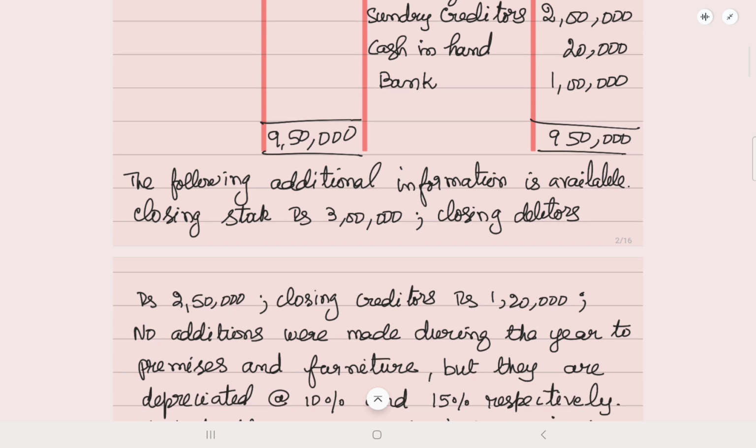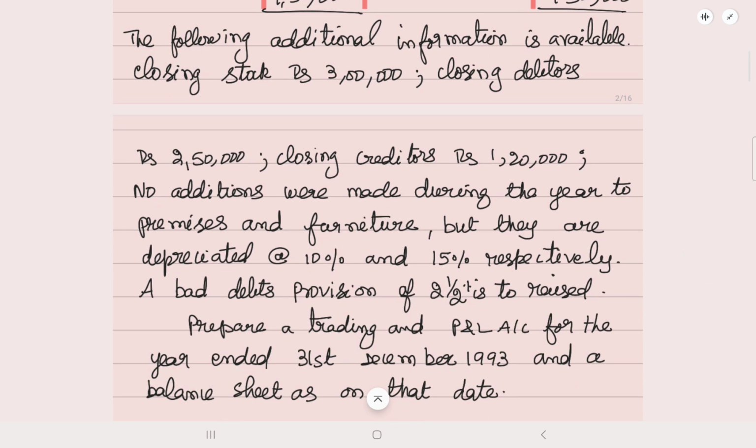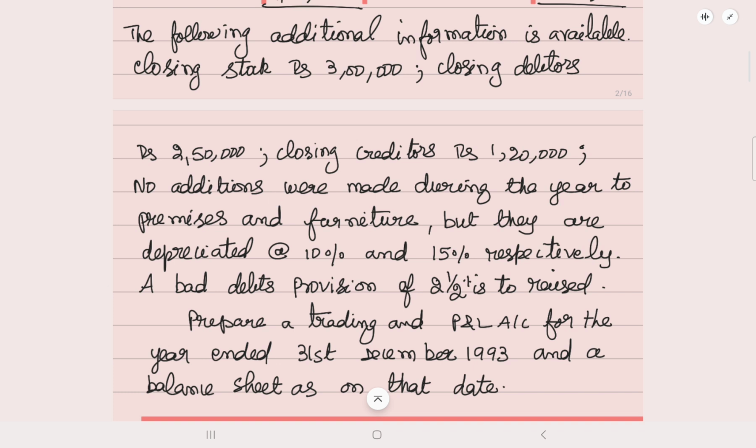The following additional information is available. Closing stock rupees 3 lakh, closing debtors rupees 2,50,000, creditors 1,20,000. No additions were made during the year to premises and furniture, but they are depreciated at 10% and 15% respectively.